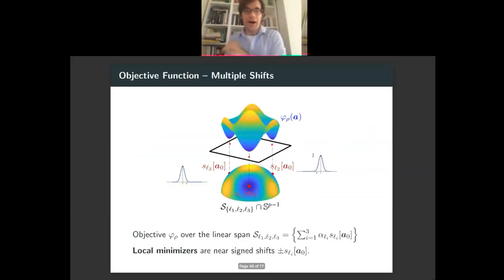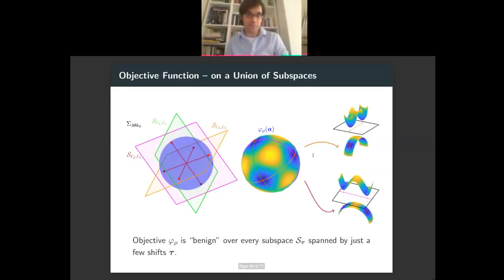Now, in contrast to what we showed for dictionary learning, we don't have the technology right now to prove that this holds over the whole sphere, but we can prove that it holds over the important part of the sphere, which is the part of the sphere that is near superpositions of ground truth signals.